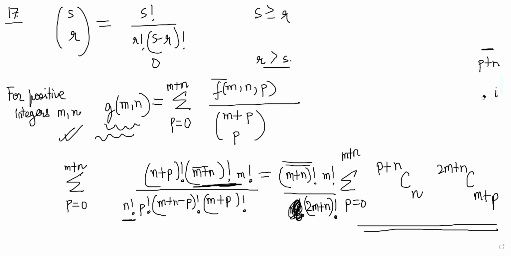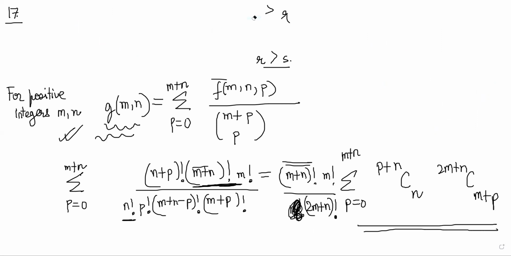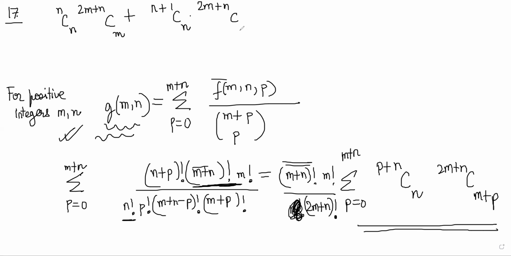Let's think of this summation. I will keep varying P. I will write a few terms and maybe I'll get a sense of what to do then. When P is 0, it is n C n and 2m plus n C m. When P is 1, it is n plus 1 C n and 2m plus n C m plus 1.